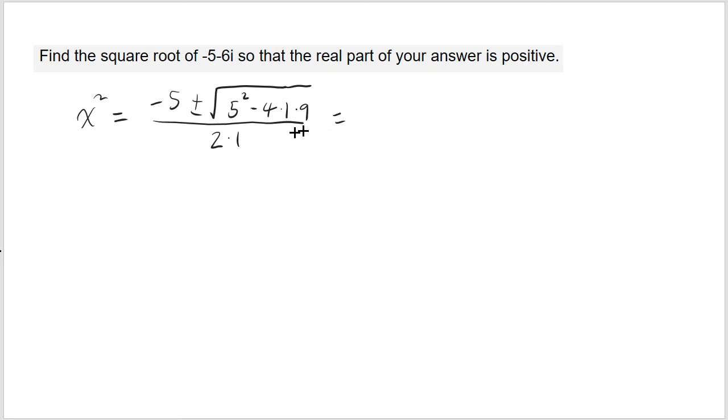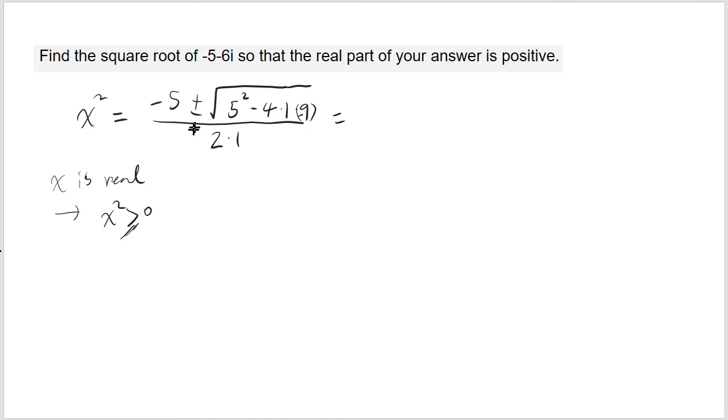And since x is real, x squared must be positive or 0, so the minus option gives a negative and negative. That's no good, so we can't use that. Oh, by the way, this is negative 9.